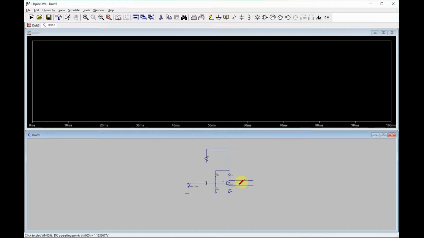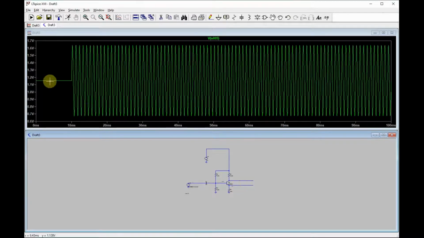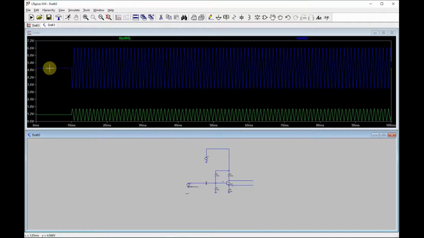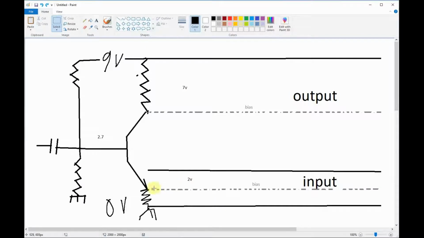This is a little bit higher than 1.1. That's kind of close. This bias is at about 5 volts. So let's look back here. We were expecting this to be at 1, and then you add another one for 2, and then 2 plus 3.5 is 5.5.